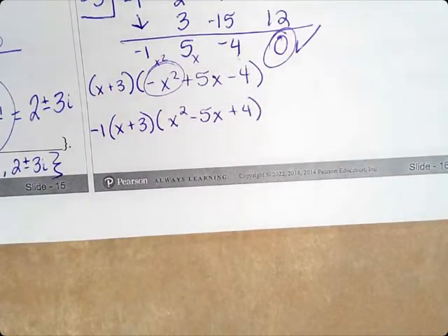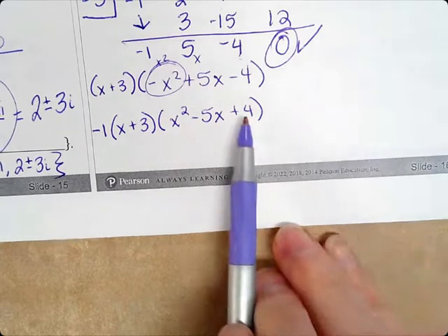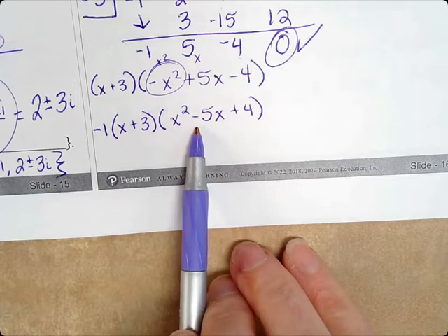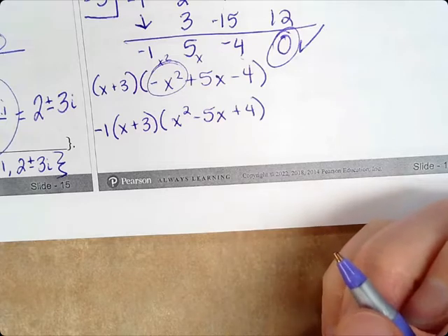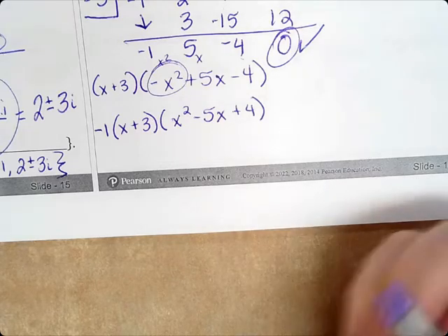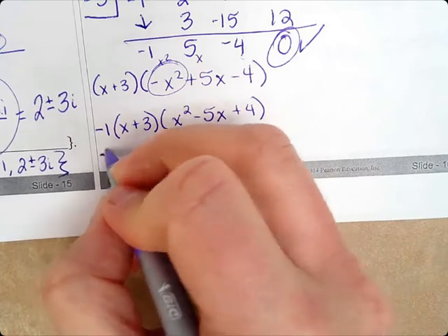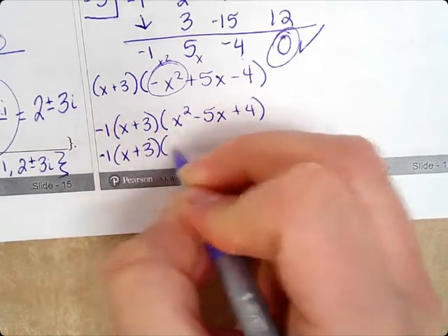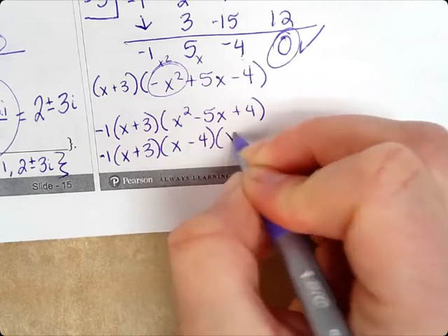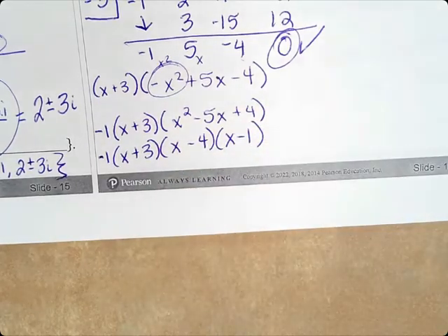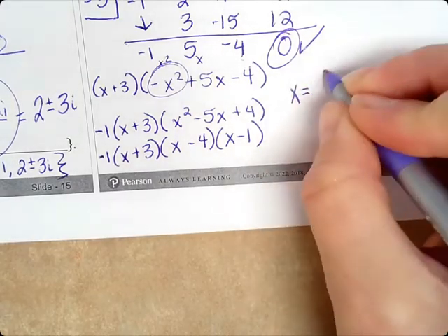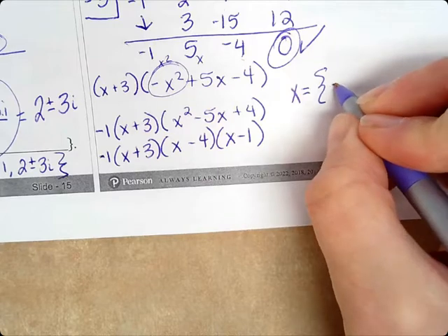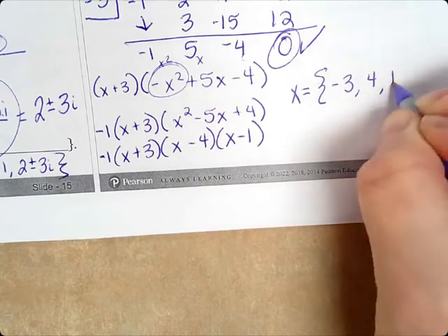Now we need to see if it's factorable. So the factors of 4 that add to get -5: -1 and -4, because -1 times -4 is +4, and then you add them, you get -5. So let's rewrite this. And then let's write our zeros. It'll be -3, +4, and +1.